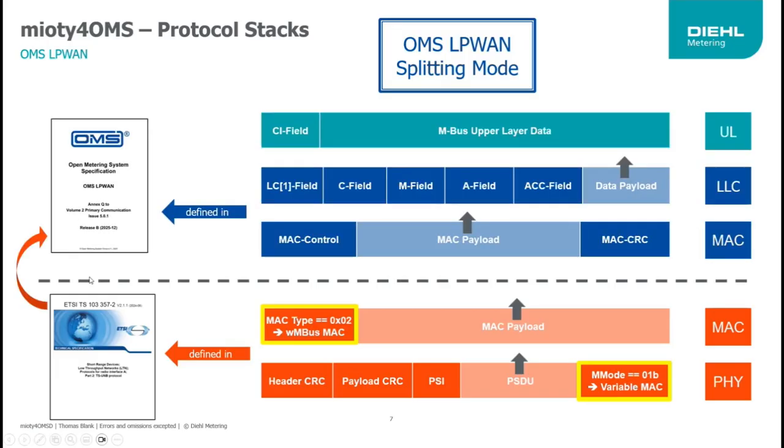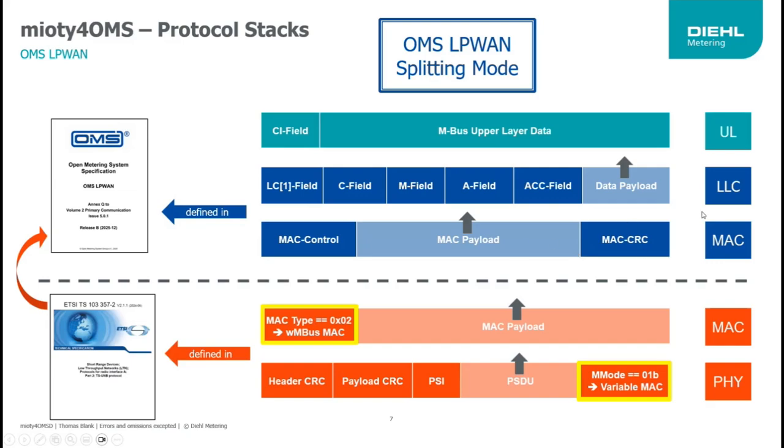Now above this line, you have the definitions of the next layers. You can find those definitions, as I already said, in the Annex Q of the OMS LPWAN. Here you can find this wireless MBUS MAC that was defined in the last years by the OMS group. It consists of MAC control fields and a MAC CRC, for example a 4-byte MAC CRC, and some other MAC layer fields as well. I did not show all the possibilities here.